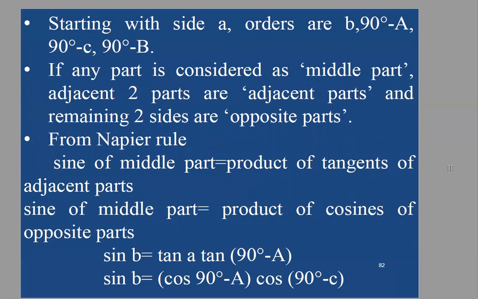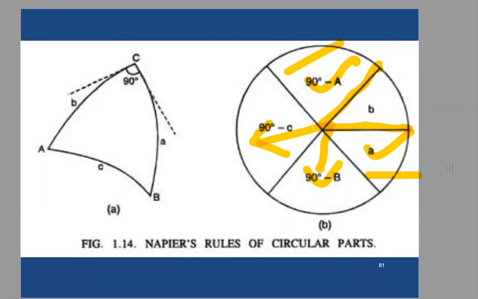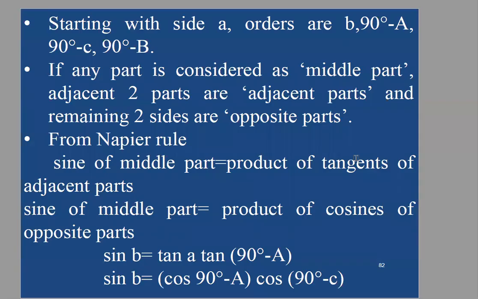From Napier's rule, you must know how to arrange this. This one is arranged like this as a. Then we have b for this, and then we have 90 minus A, then 90 minus C, and then 90 minus B. And from Napier's rule, the sine of the middle part is equal to the product of the tangents of the adjacent parts.